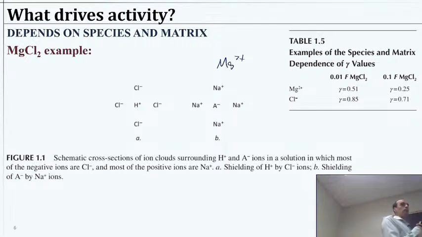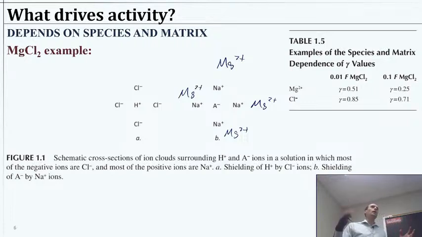So the type of charge, the amount of charge we have around, can make a big difference. If each of these were Mg2+ crowding around the negative charge, they would be satisfying more charge and changing the dynamics of what's going on in solution, just overall.